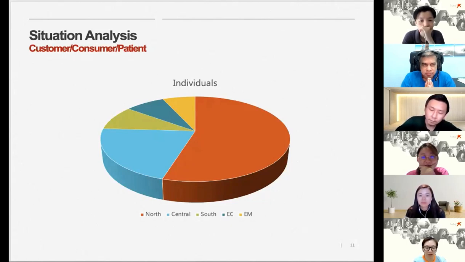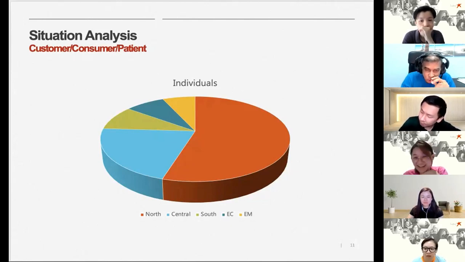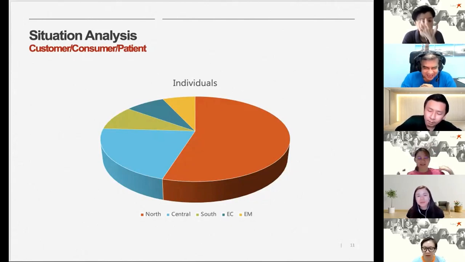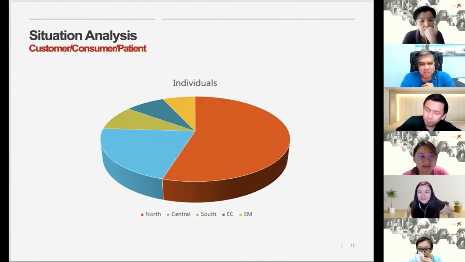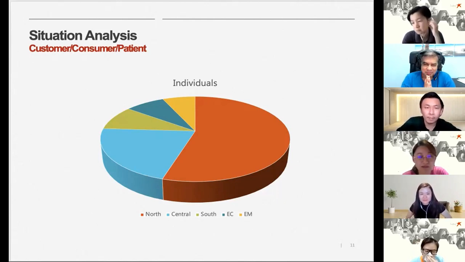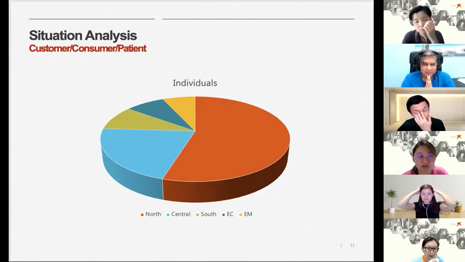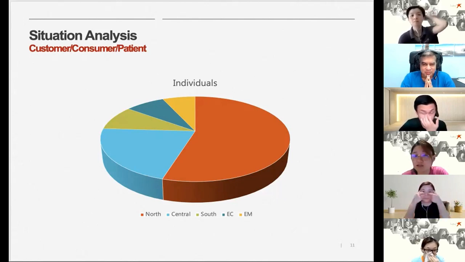And then followed by central, south, East Malaysia. EC is what? EC, East Coast. Oh, East Coast. Yeah. Oh, okay. And East Malaysia, okay. So this whole thing represents the total number of patients, and then it's separated into different regions in Malaysia.